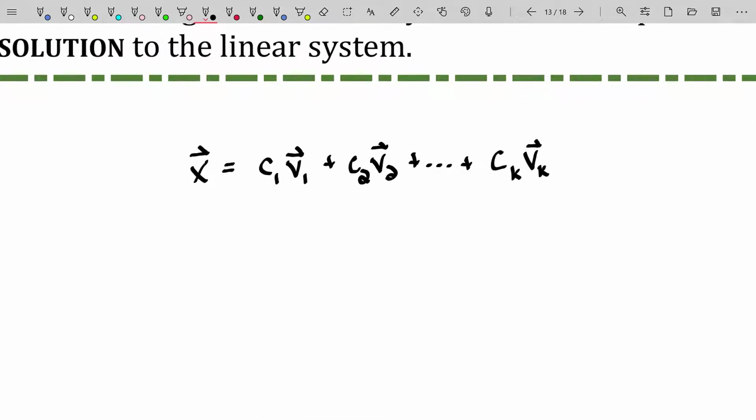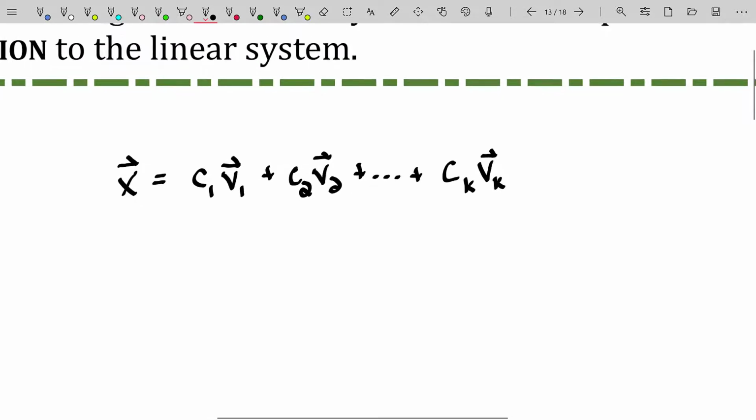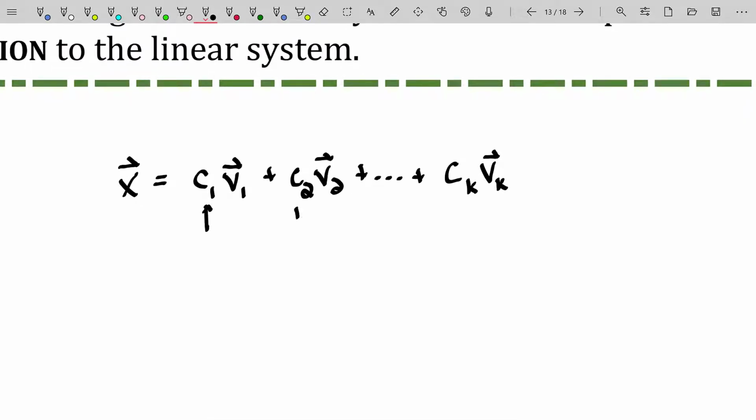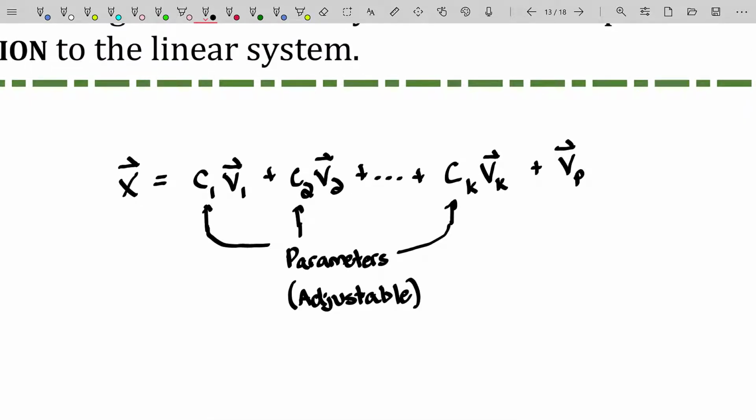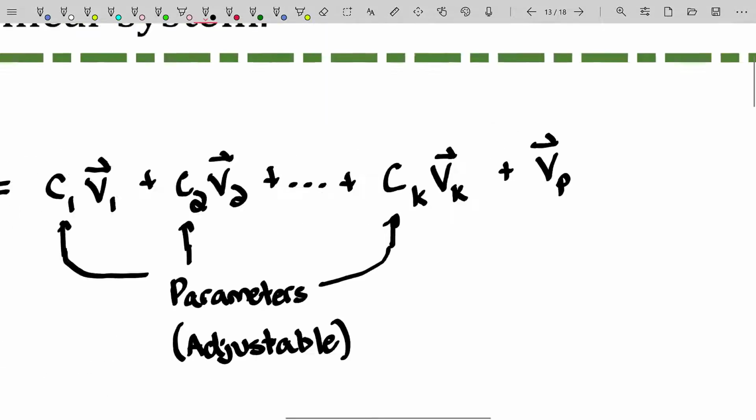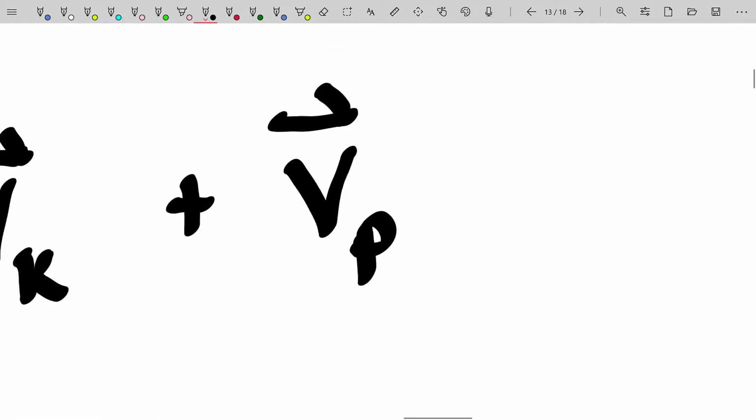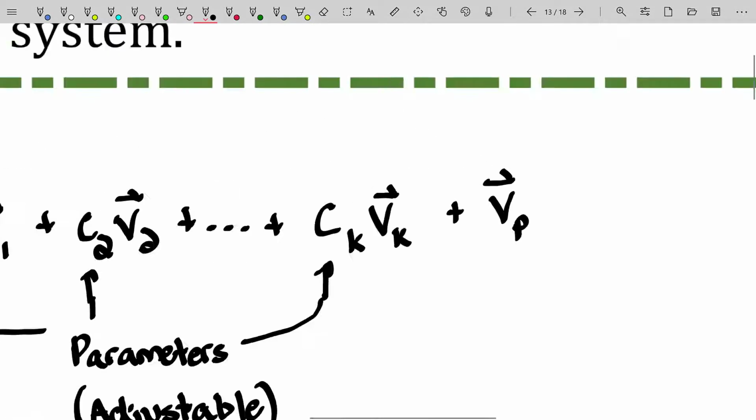However, what if part of our solution was all the stuff where these were all adjustable, but we had one additional vector there that did not have an adjustable parameter out front? So what if part of the solution was concrete? This does happen quite frequently.